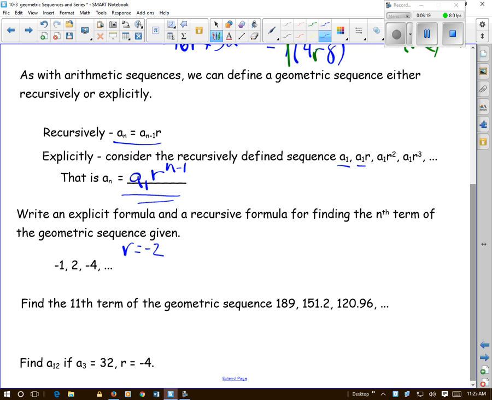So our recursive formula, a sub n equals a1, which is negative 1, times r, which is negative 2. Sorry, we don't want the value in there. We want a sub n minus 1 times negative 2.